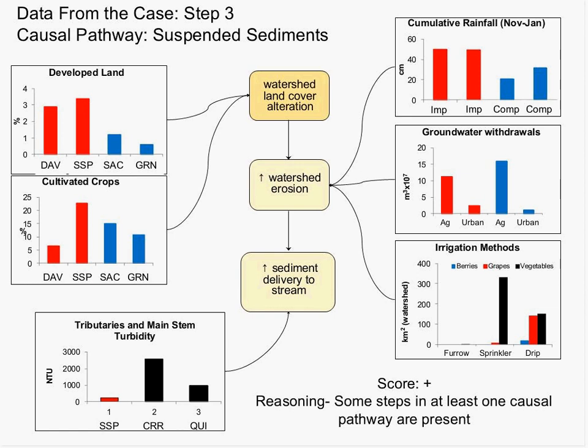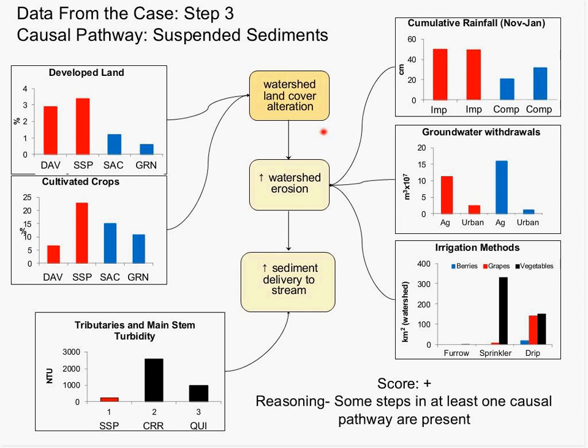One of our causal pathways, in this case, relies upon the conceptual diagram that was generated in step 2, and deals with data that supports what I would expect to see if suspended sediments were having the biological effect.